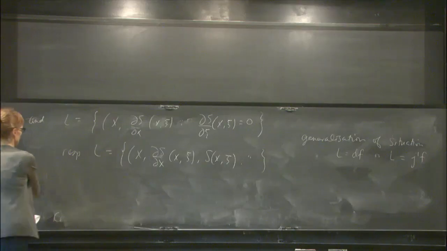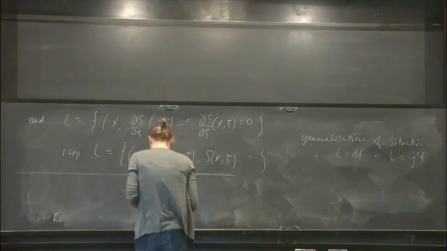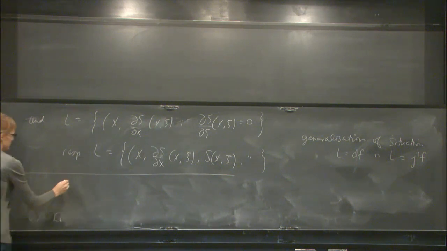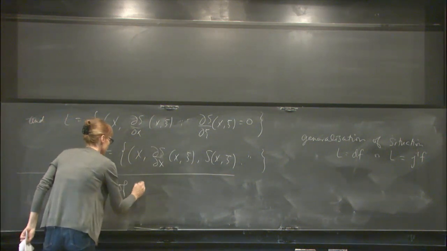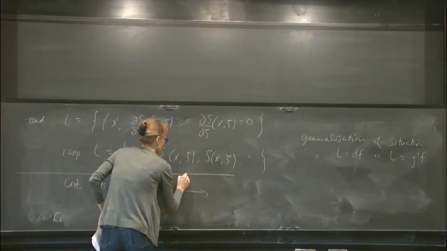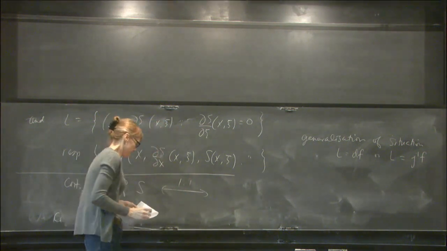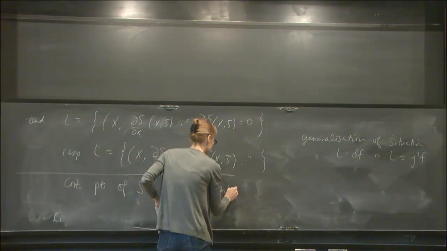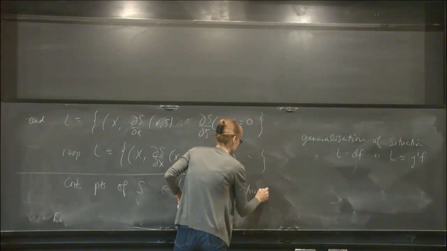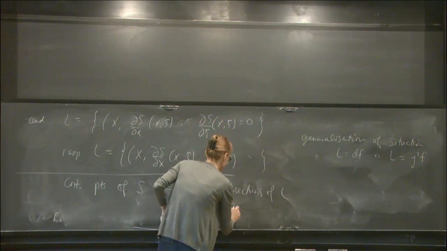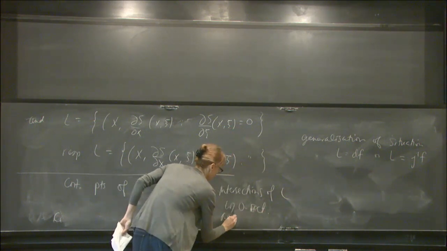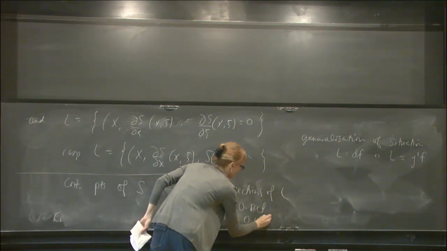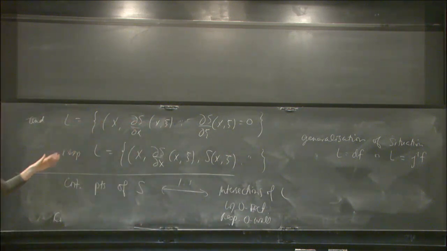Okay, so that's the notion of a generating function. And a key thing here is that the critical points of the generating function are in one-to-one correspondence with intersections of L with the 0 section or the 0 wall. So that's the 0 section cross R sitting inside this J1 of M.